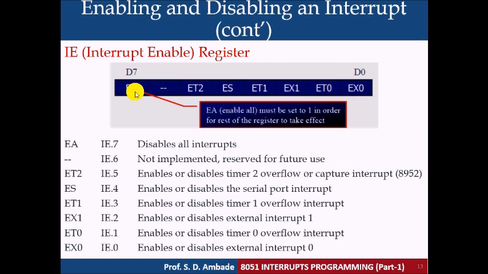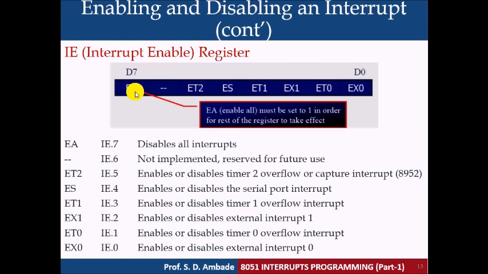If we turn off the main switch, then there is no power, and any equipment like a fan, bulb, fridge or washing machine will not be able to turn on, as the supply was interrupted. So the interrupt enable bit should be 1 in order for the rest of the register to take effect.